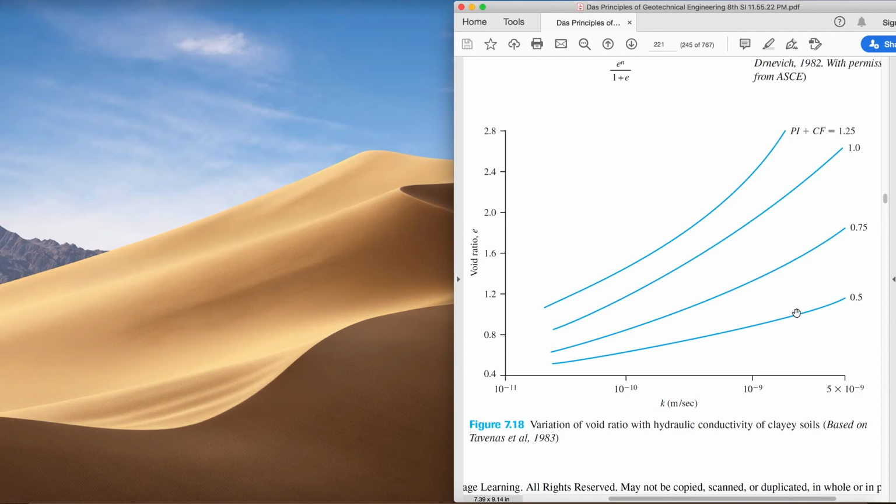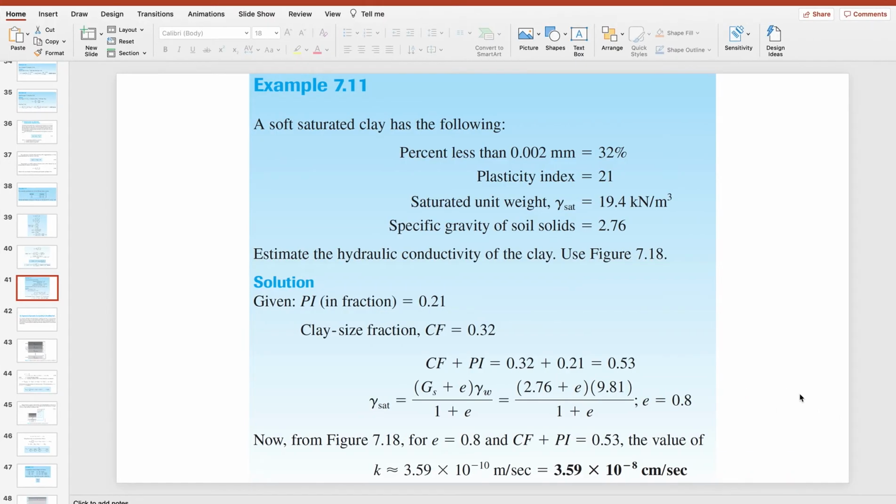Then pag nag-meet siya dyan, connect it downwards. Okay? Therefore, the value is 3.59 times 10 raised to negative 8 using the graph. Okay?